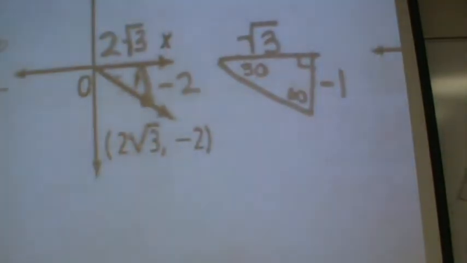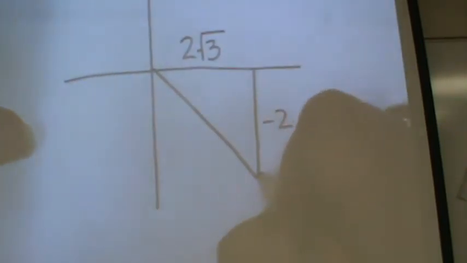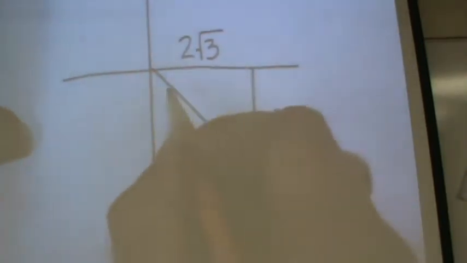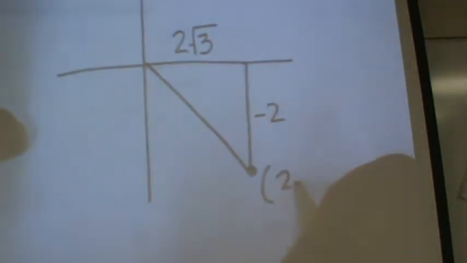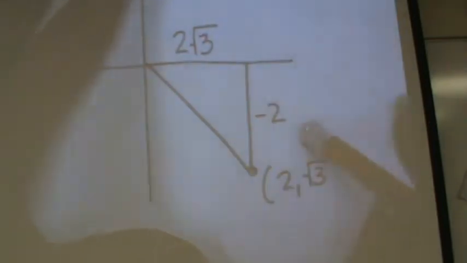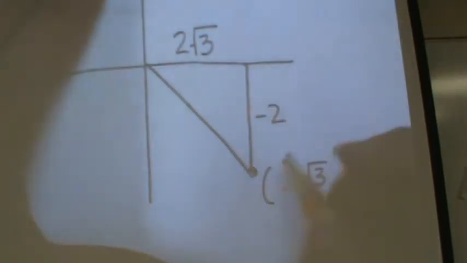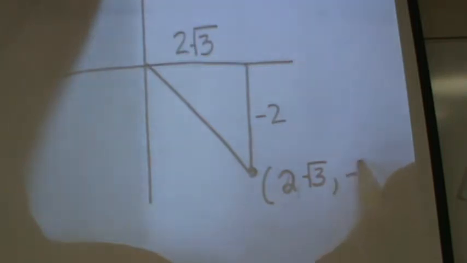Let me draw it bigger for you. Okay, so what they did, they gave you the ordered pair, 2 root 3, and then down 2. That's this ordered pair. You start at the origin and you go 2 root 3 over and down 2. 2 root 3, comma, negative 2.